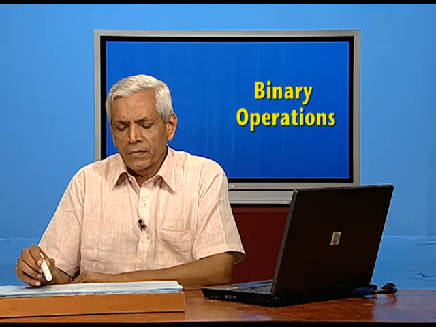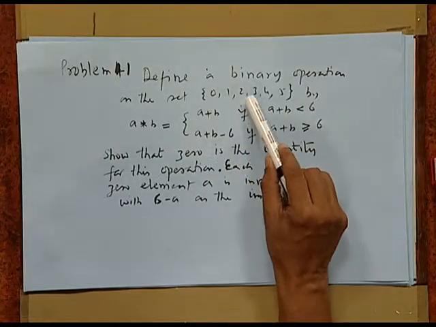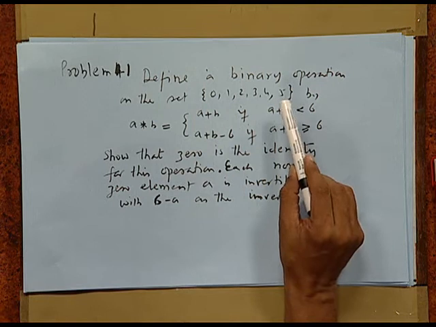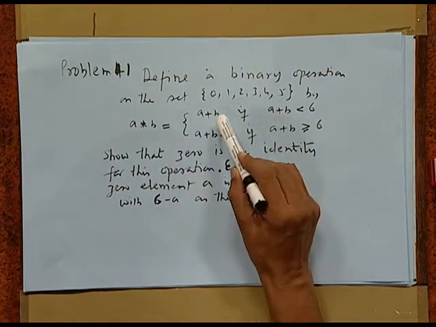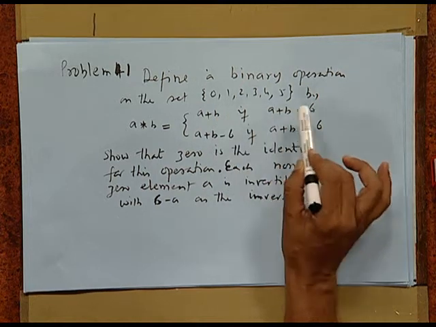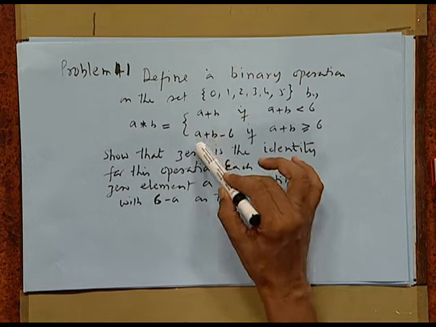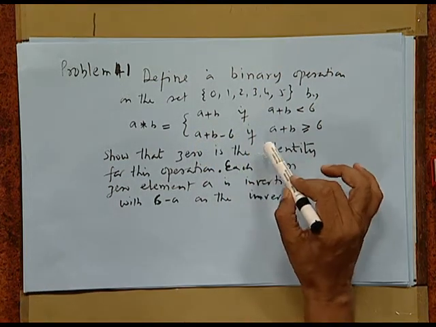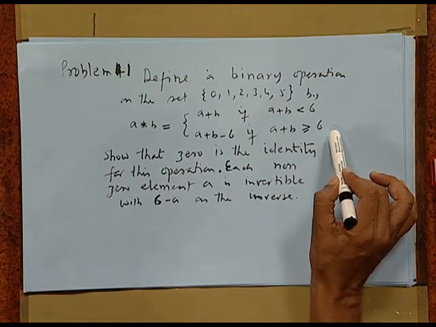Now, take the example. We are given a set 0, 1, 2, 3 up to 5, and the operation is defined as a star b is a plus b if a plus b is less than 6, while a star b is a plus b minus 6 when a plus b is more than or equal to 6.